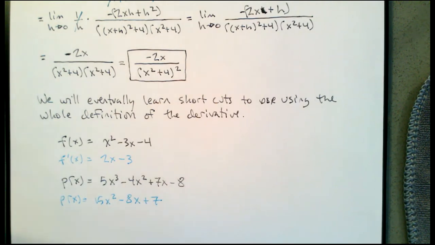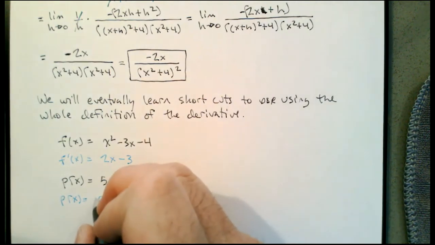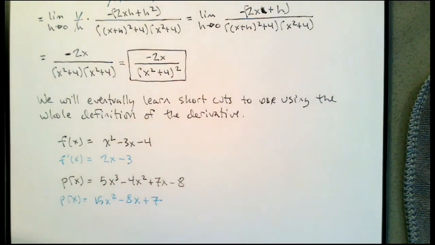That should give you an idea about how you can find derivatives without using the definition, because this would be not difficult, but tedious, because I'd have to take an x plus h to the third, an x plus h squared, and x plus h times 7, combine all the like terms just to cancel the 8, or the h.